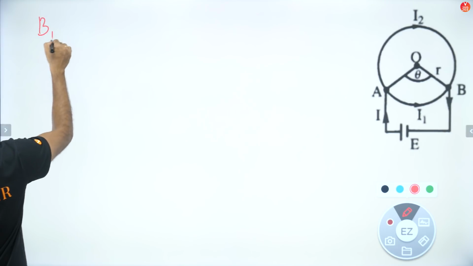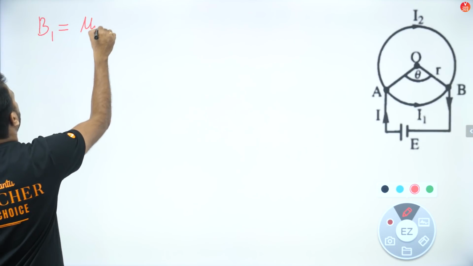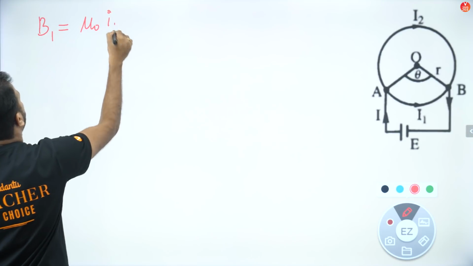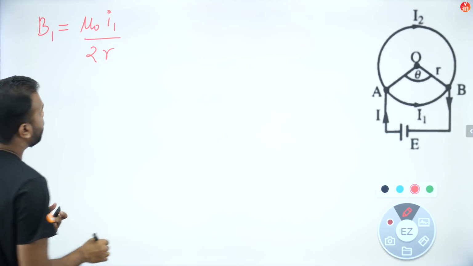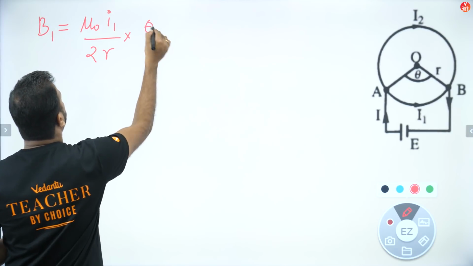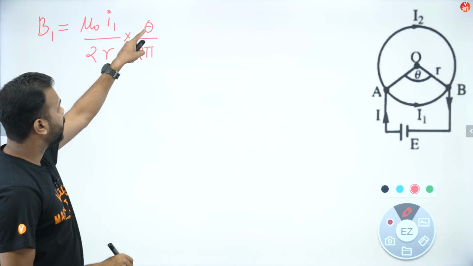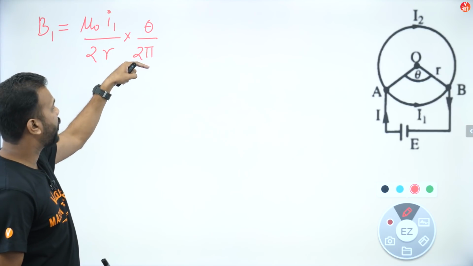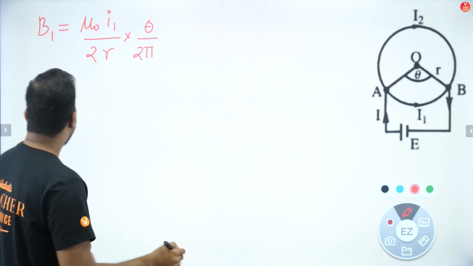B1 will have a value mu naught I1 by 2r, where r is the radius, times theta upon 2 pi. You know that for an entire ring, theta will be equal to 2 pi. So 2 pi by 2 pi cancel, and the expression comes out to be mu naught I by 2r.